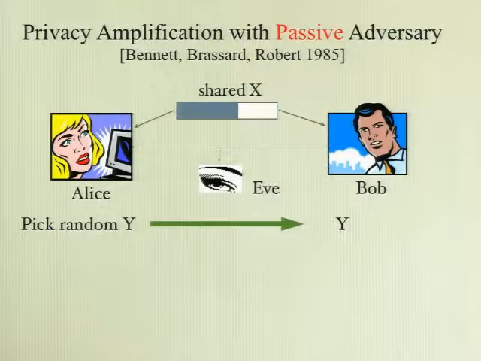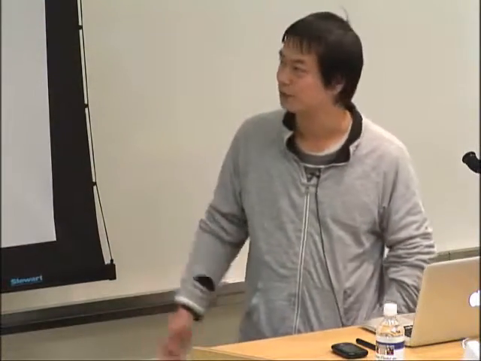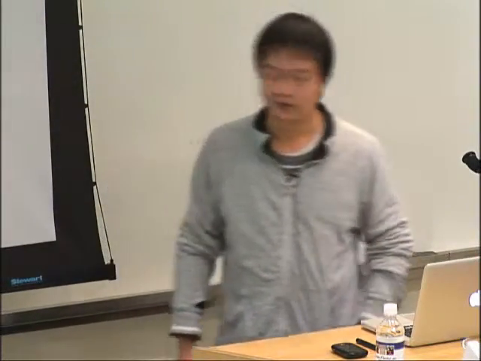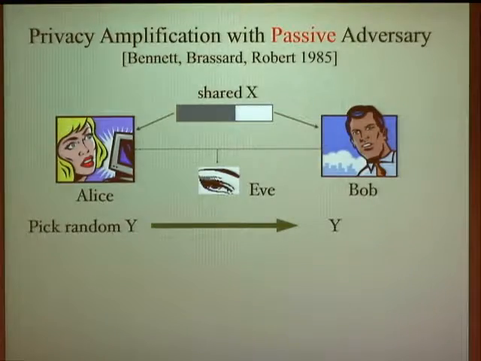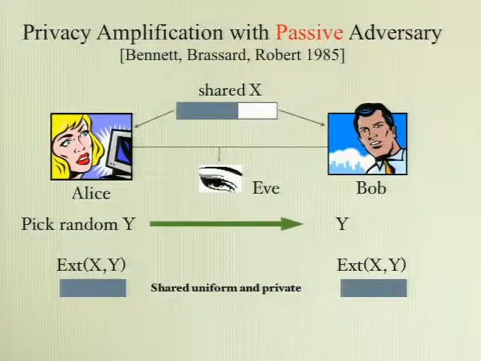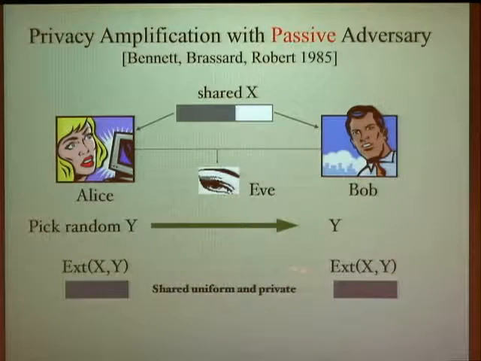In this setting, there's a simple protocol using strong seeded extractors. First, Alice picks a uniform random seed y from her own local random bits, and then Alice sends this string to Bob, and they both apply this strong seeded extractor.